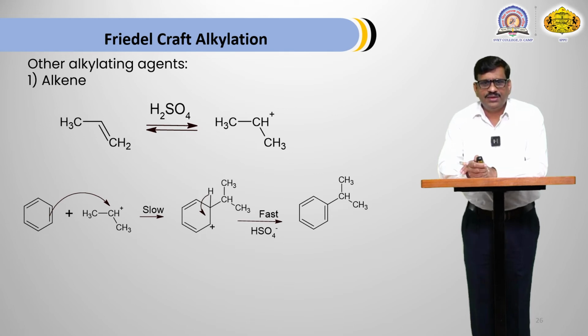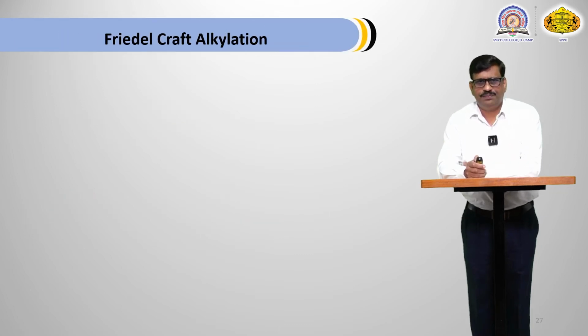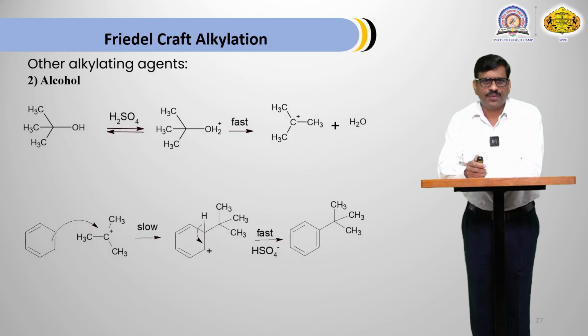This carbocation can interact with the pi electron system of the benzene and there is formation of arenium ion. Once again HSO4 minus abstracts that proton and there is formation of the final product which is alkyl benzene. Hence instead of alkyl halide we can use alkene as an alkylating agent. In this case acid is required for generation of that carbocation or electrophile.